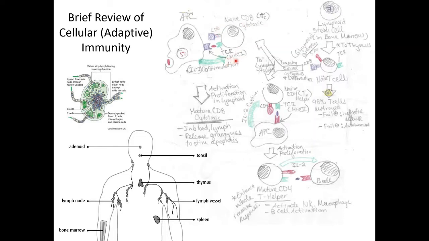If this co-stimulation did not occur, the immune system, so these cytotoxic cells, would not recognize this particular pathogen in the future and wouldn't be able to eliminate it. And that is called anergy.